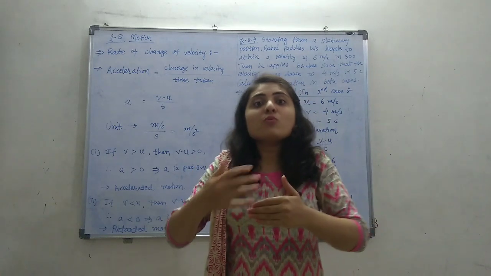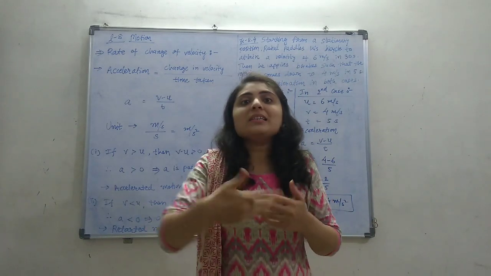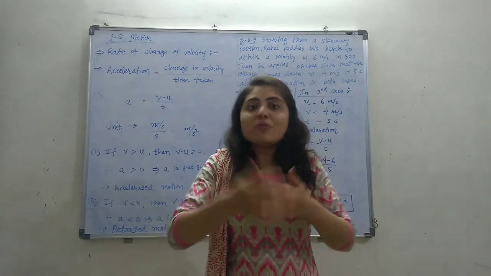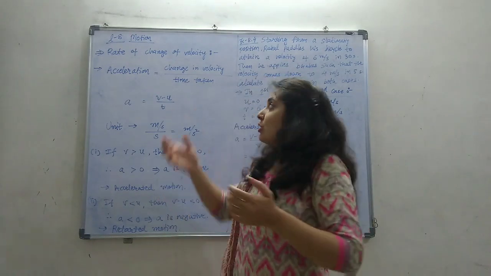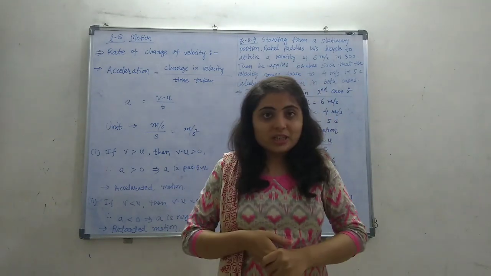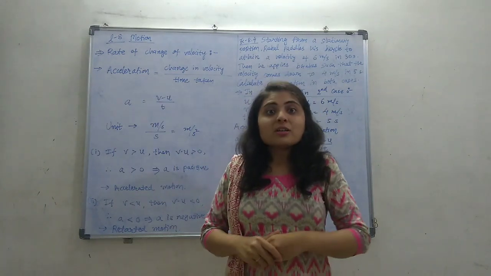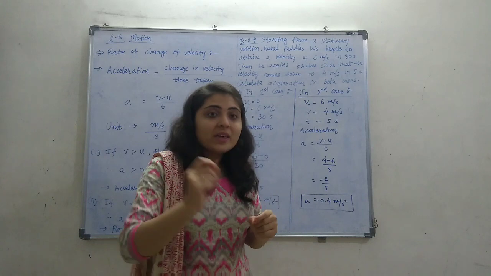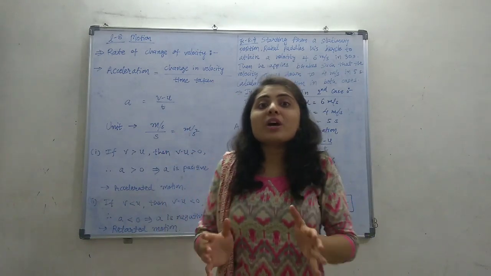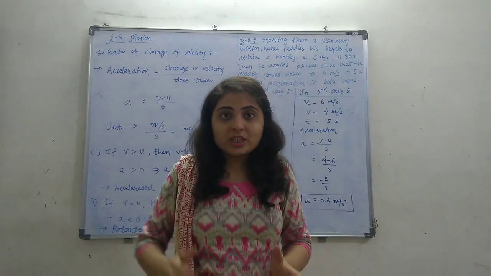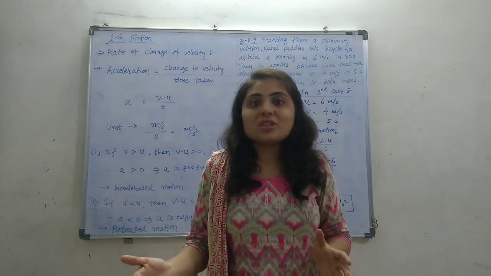Rate means how fast something changes. Here the velocity is changing, so for the rate of change of velocity, another term is defined, that is called acceleration. Wherever there is a change in velocity, we can say that acceleration is produced.